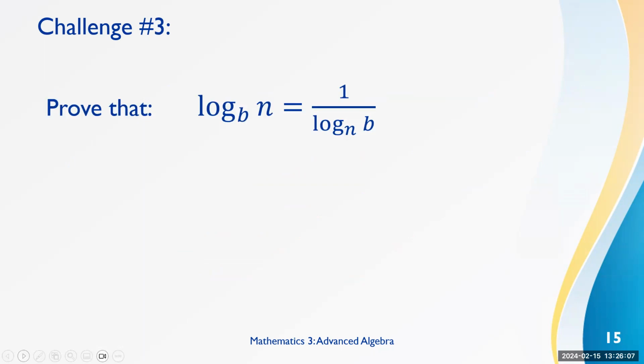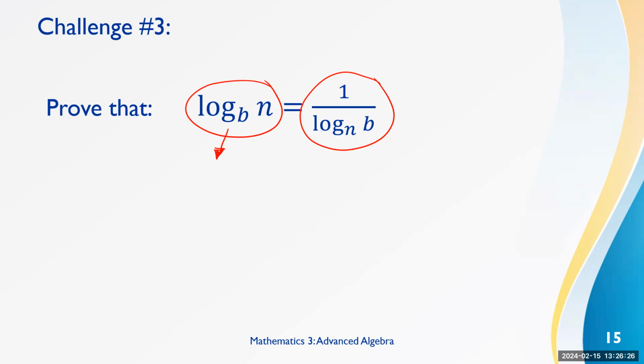Last problem for this topic. We are going to prove that this one is equal to this one. Let's try to manipulate the left side of our equation. So log base b of n.